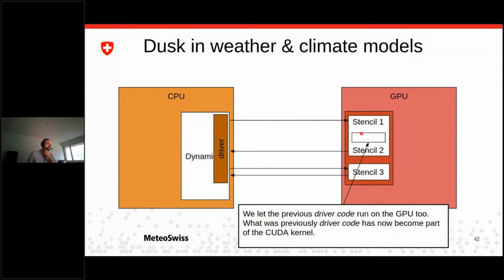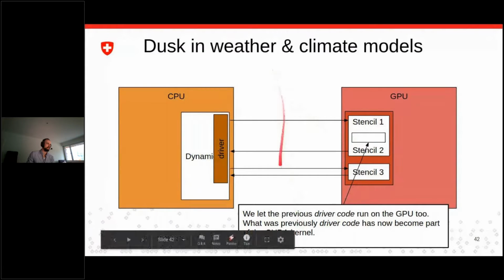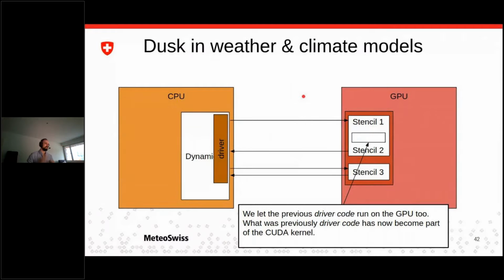So you could still call this, well, it was previously driver code, right? But now all of a sudden it's stencil code. The point is this line between driver code and stencil code is a bit blurry, and sometimes things can change depending on what you do.